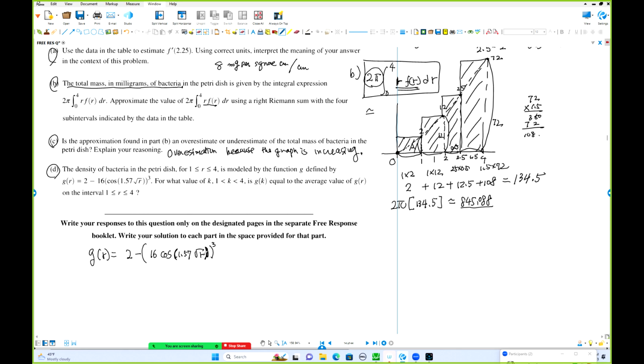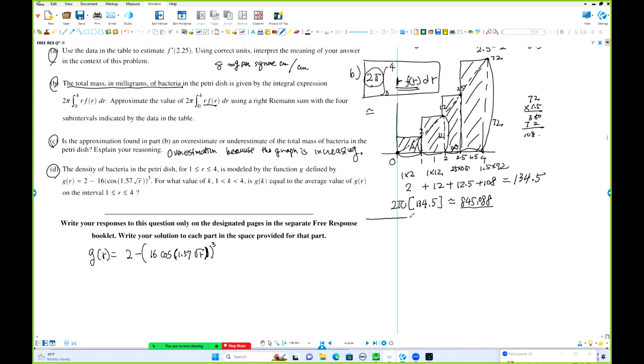For what value of K? K should be between 1 and 4 and equal to the average value of G of R, okay? What is the average value of G of R? Can you find the average value of G of R first? Okay, now let's find the average value of G of R, okay?